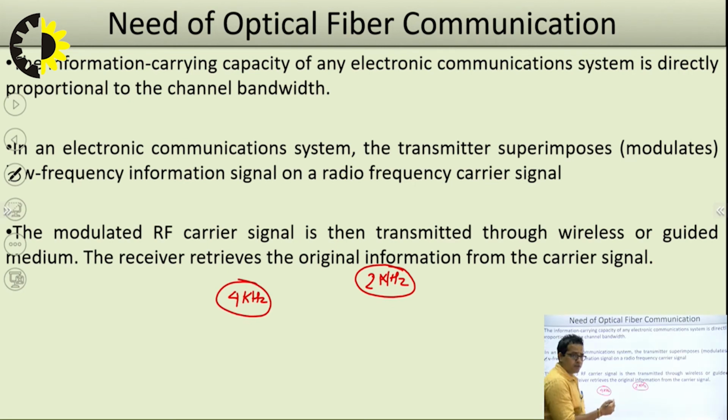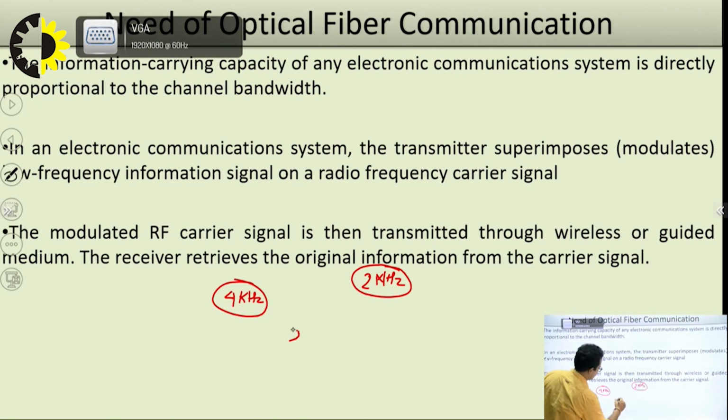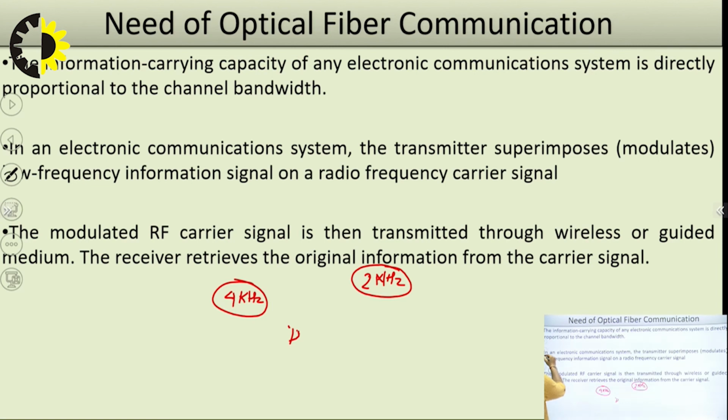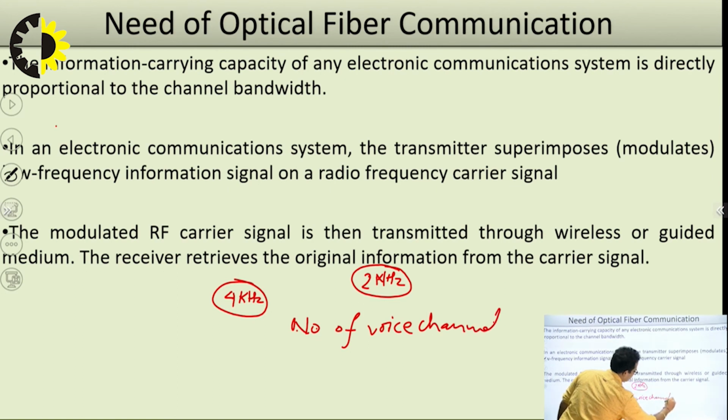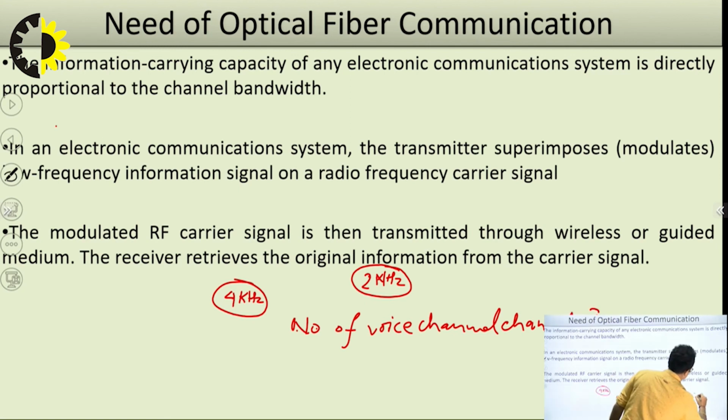So we want to know the number of voice channels that can be transmitted simultaneously. It will be 2 megahertz, that is the bandwidth of the channel, divided by 4 kilohertz.